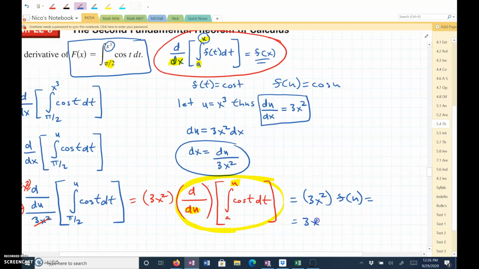So now I have 3x squared cosine of u, where u is x cubed. So this is going to be 3x squared cosine x cubed. That would be our answer for that one.